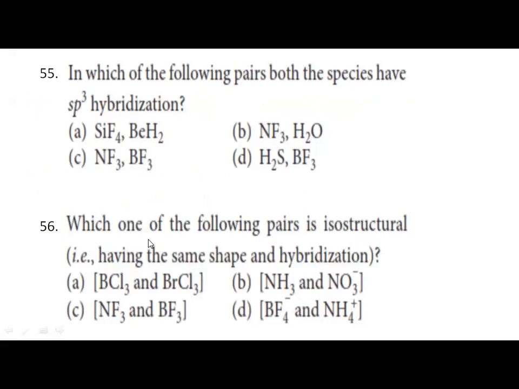Which of the following pairs is isostructural, having same shape and hybridization? Once again, we are going to verify all of them. These are like your revision questions, you can say. We'll be repeating all the questions again and again. First option, BCl3 and BrCl3.